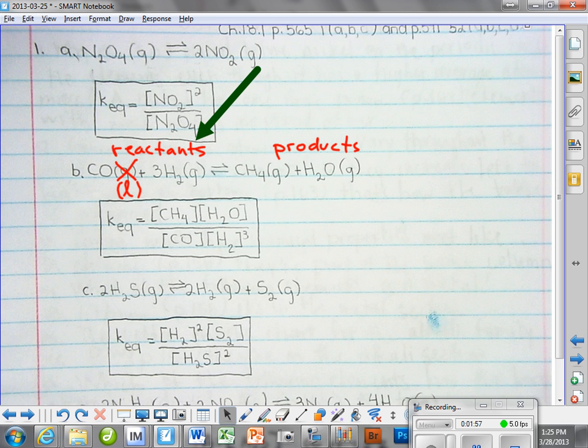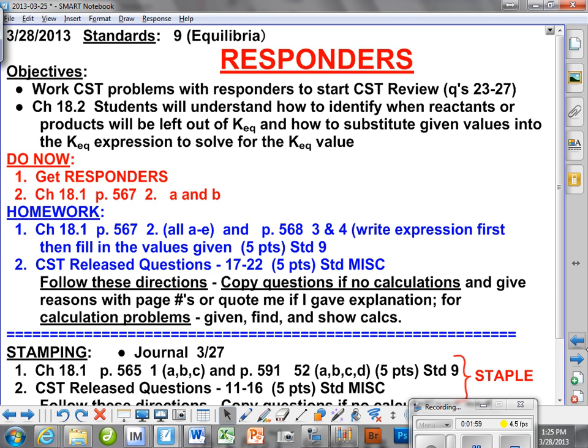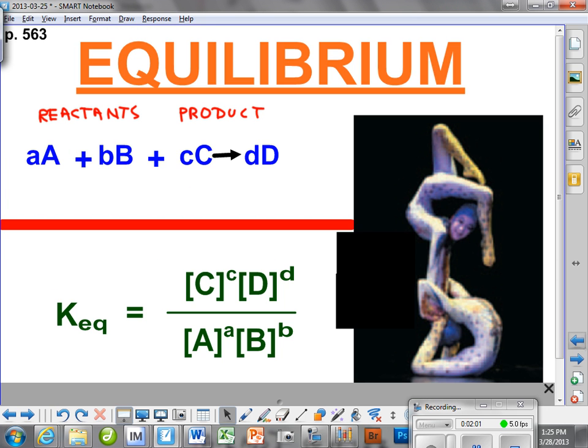The other thing is we've got to remember reactants and products. Let's go back to one of yesterday's slides, and you might remember this. I could move these around, and in this particular reaction, the way I have it set, I have 3 reactants and only 1 product.